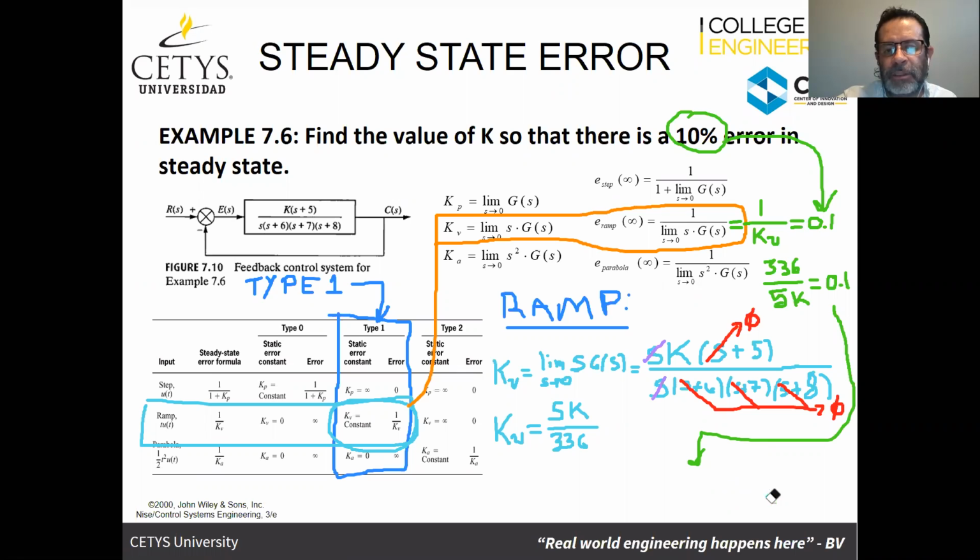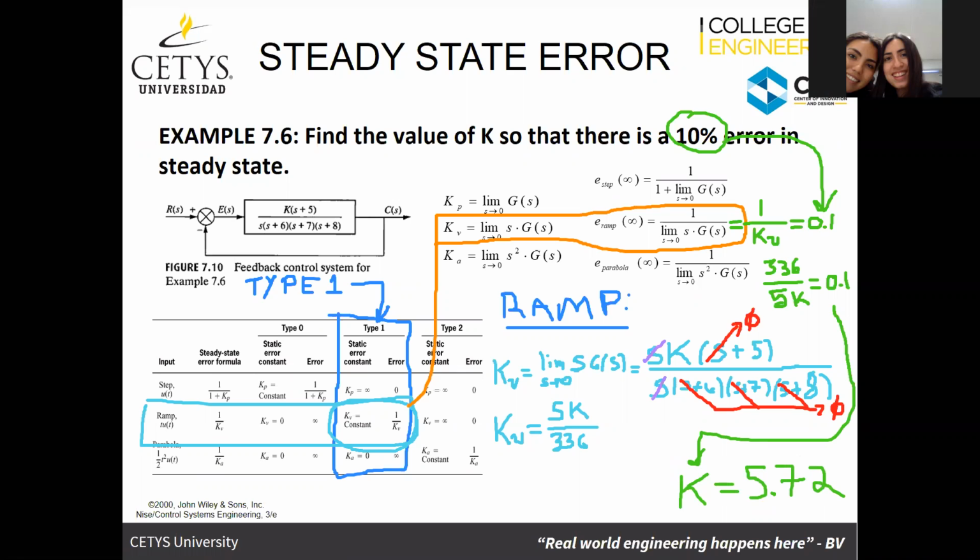I'm actually just going to put the final calculation here. So K equals 672.